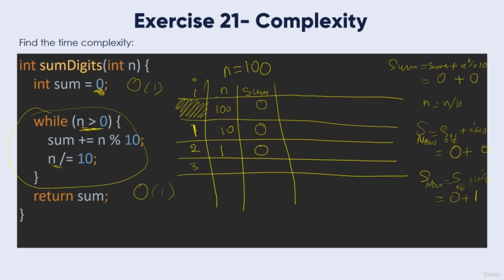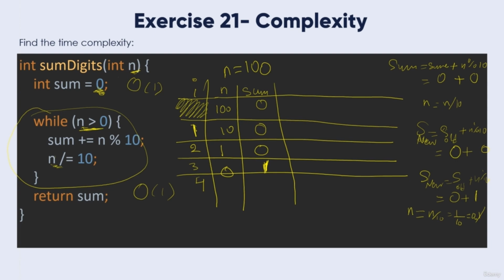So the sum is equal to 1. Then n is divided by 10. So 1 divided by 10 is equal to 0.1, and since it is an int here, we took only the integer part. n becomes 0.